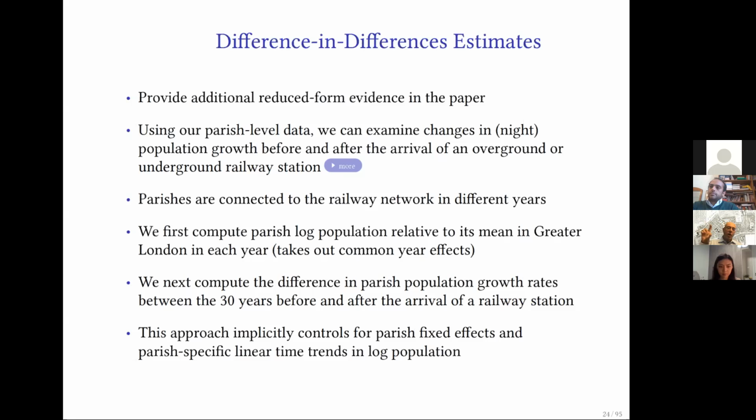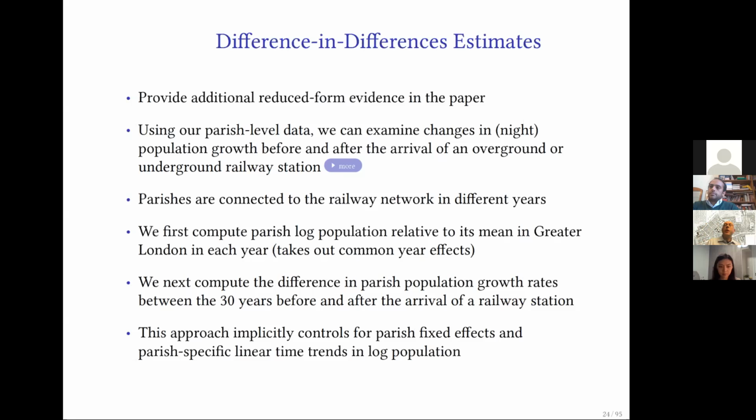So we're going to focus on the 30-year period before a railway station is constructed in a location, and we're going to compute the rate of growth of population over that 30-year period. That's going to difference out any unobserved location characteristic that affects the level of population in that location. So that's going to be our first difference.